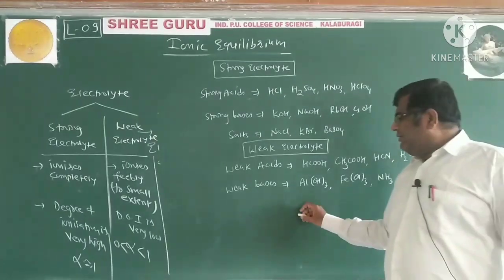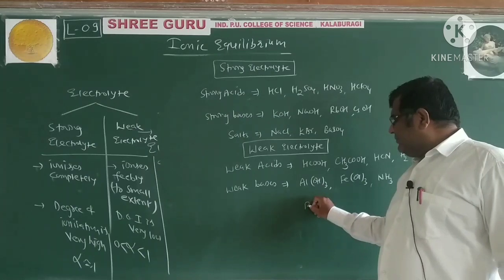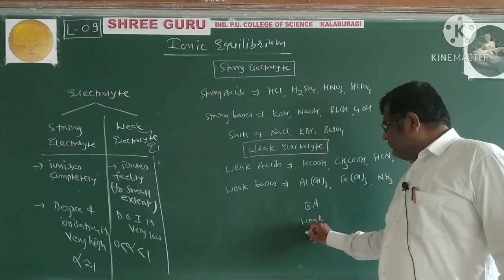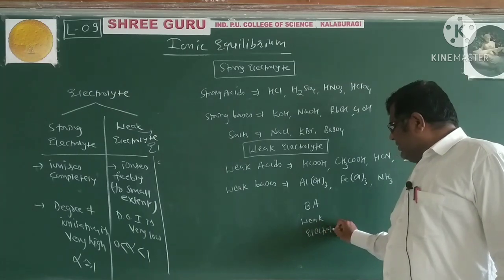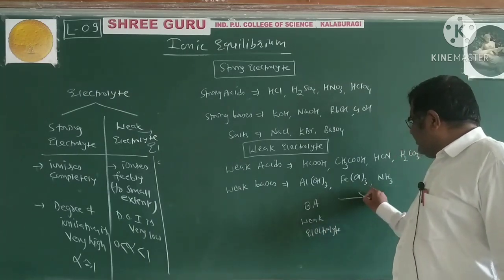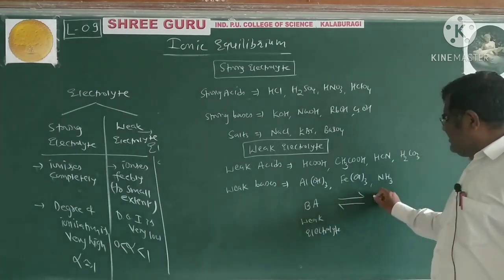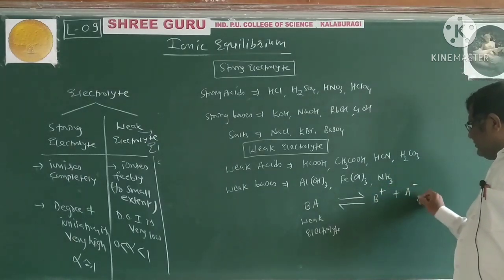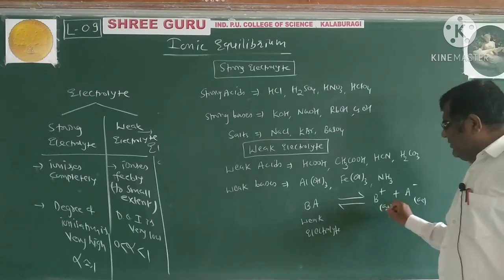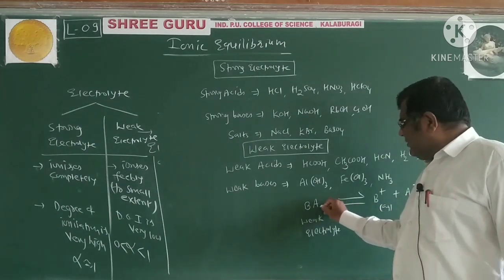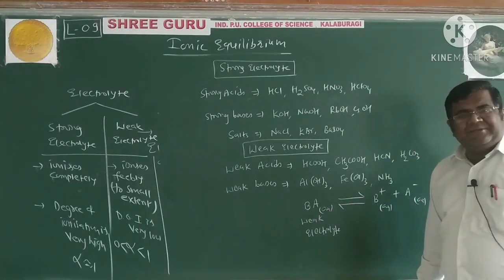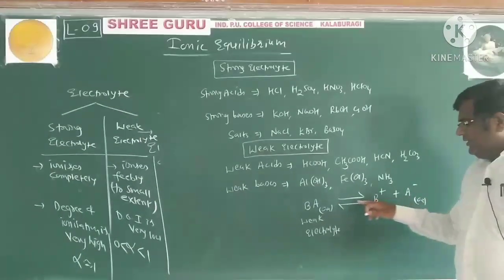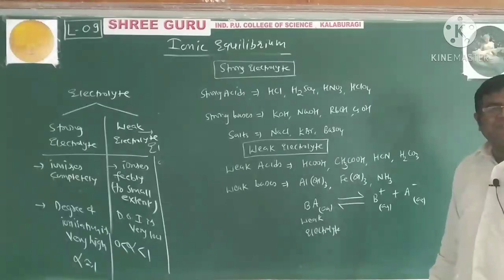So, if we take a weak electrolyte, say BA, it ionizes to B plus and A minus in aqueous medium, and there is this reversible sign, which means the reaction can go in the forward direction as well as the reverse direction.